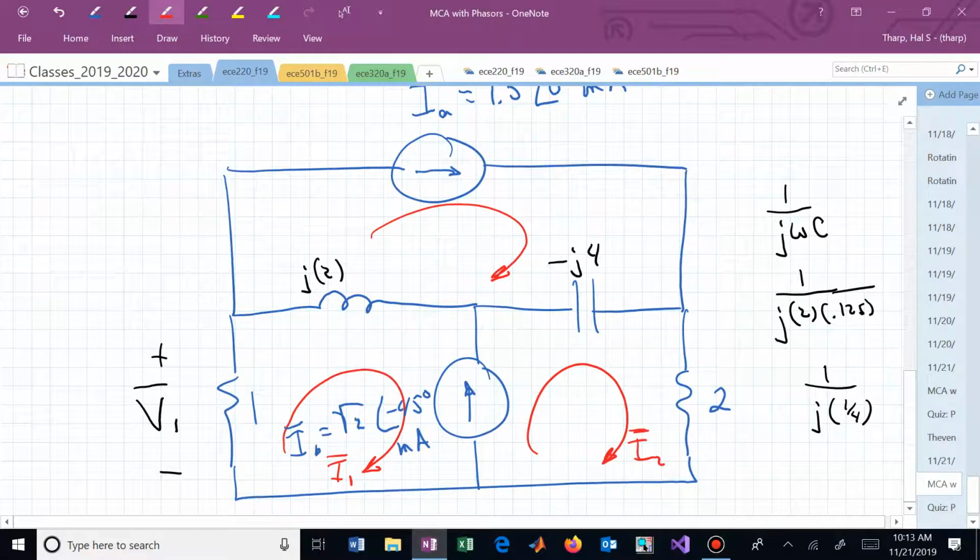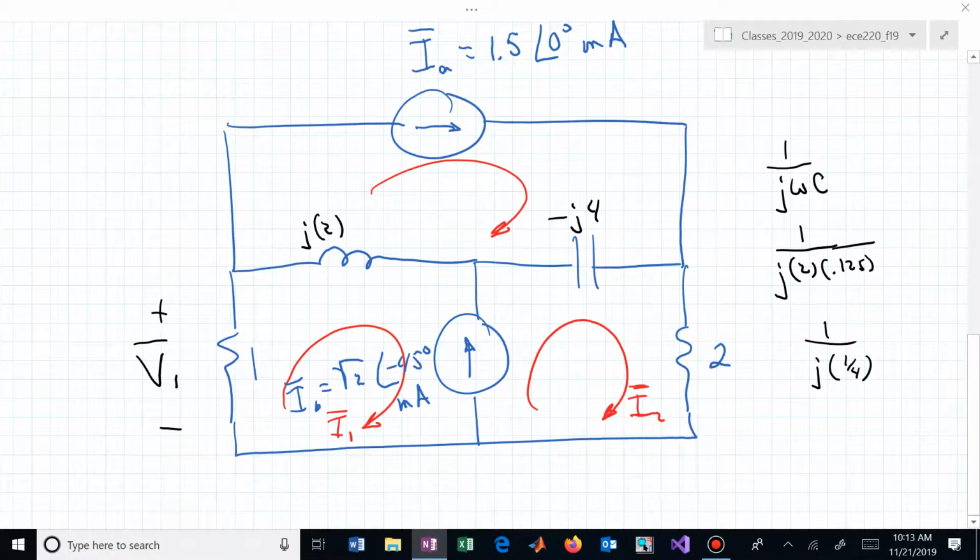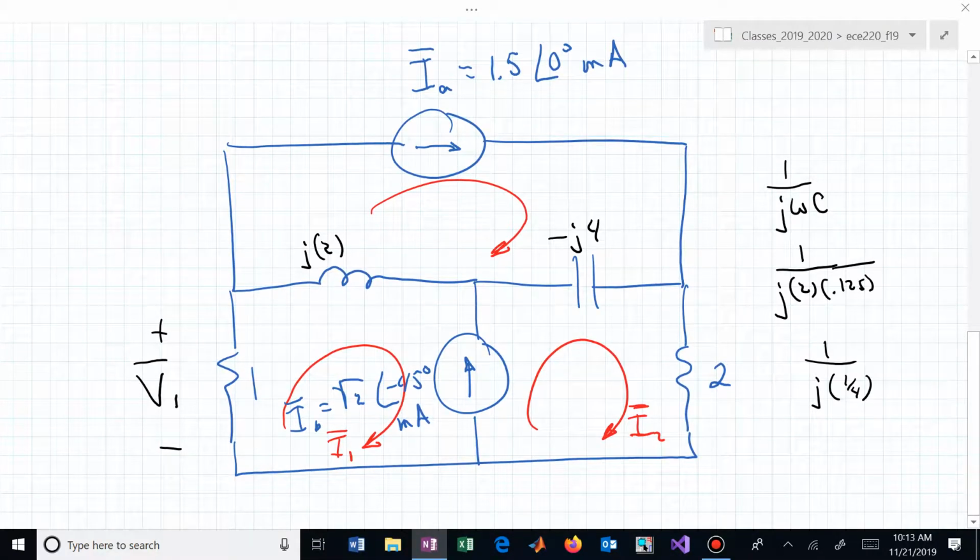And why did I not worry about the top one? It's fixed, isn't it? That's I sub A. So wherever that mesh enters into our equations, we just write it down as I sub A bar or 1.5 milli.